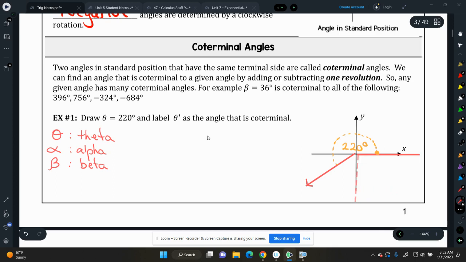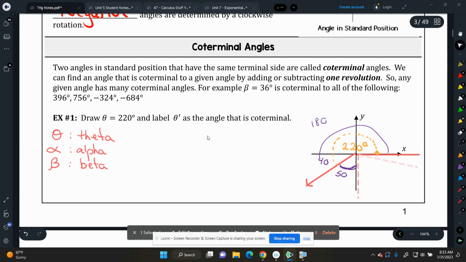How much farther would I have to go now to get to this position? Let's do a little geometry labeling. So this is 180, which means this is 40 degrees right here. What's this angle here? 50 degrees. So if I go negative 90, I have to go another 50.